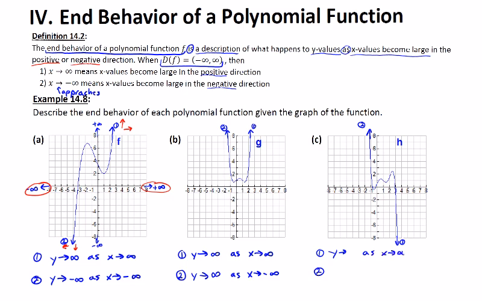We have y approaches something as x approaches infinity, and then y is going to approach something as x approaches negative infinity. For the first statement, we can see that the arrow is going down, so I would say y approaches negative infinity. And then for statement 2, the arrow is going up, so y is going to be approaching positive infinity as x approaches negative infinity.